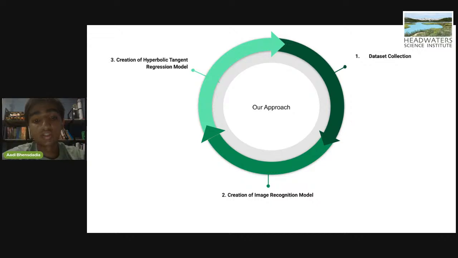The second stage was creation of the image recognition model. So we used a software called Teachable Machine that's developed by Google. It's readily available online, and it is a very convenient way to create image classification models. So once I input all of the training data that I collected into the image recognition model, I can quickly train the model, and then I can test different EKGs in that model, and for each EKG, it will give me a decision confidence.